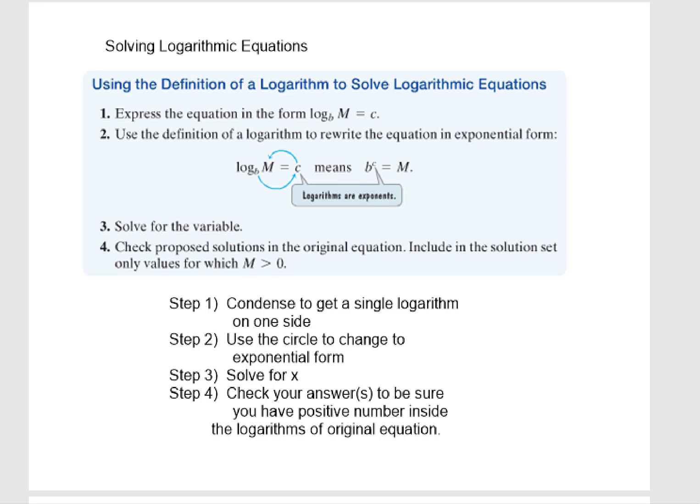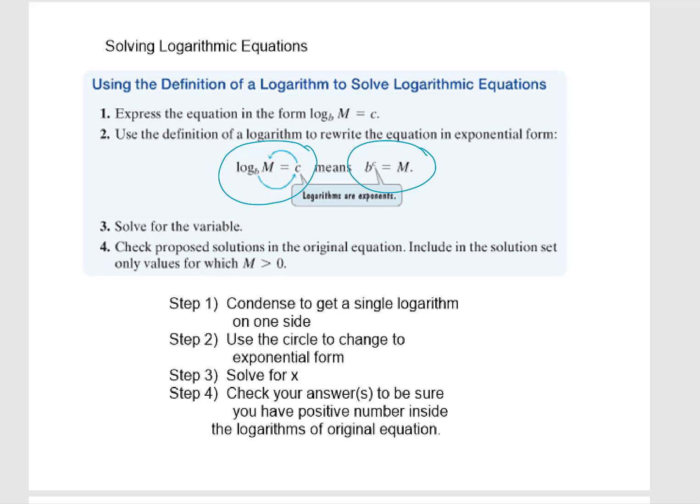solve them. So on this first slide, we're going to use what we know about changing an equation that's in logarithmic form to exponential form to solve an equation. And so they show you the circle that we discussed. If I have this form right here, I can rewrite it in an exponential form and then go from there to solve.